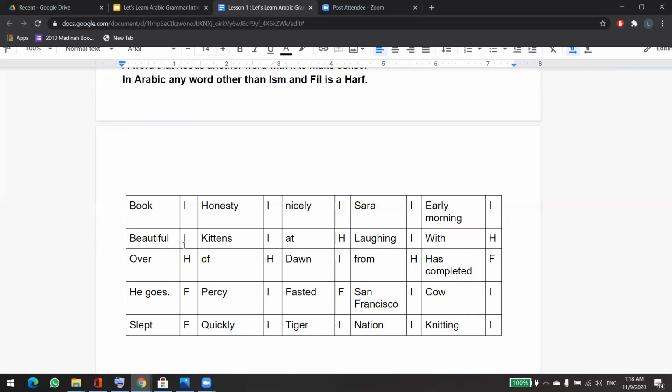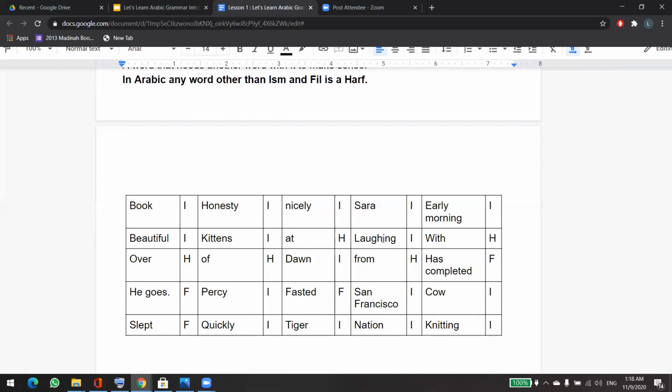Like if you have three baskets, ism, fail, and harf, adjective goes in the basket of ism. Then kittens, obviously ism. At, does it make sense? No. So it's a harf. We know that it's a preposition, so it's a harf.